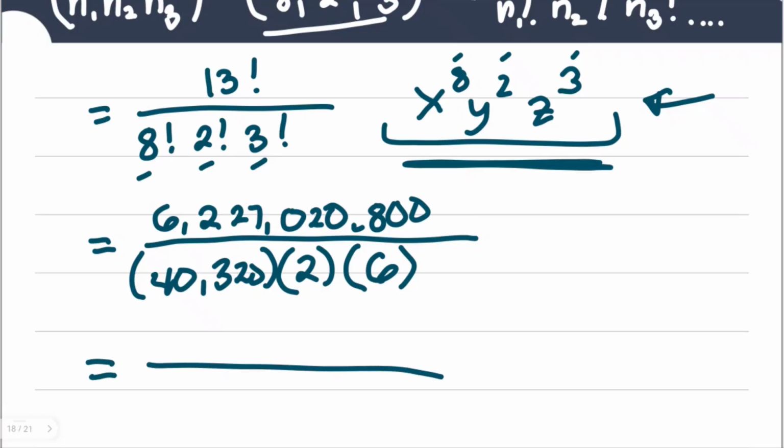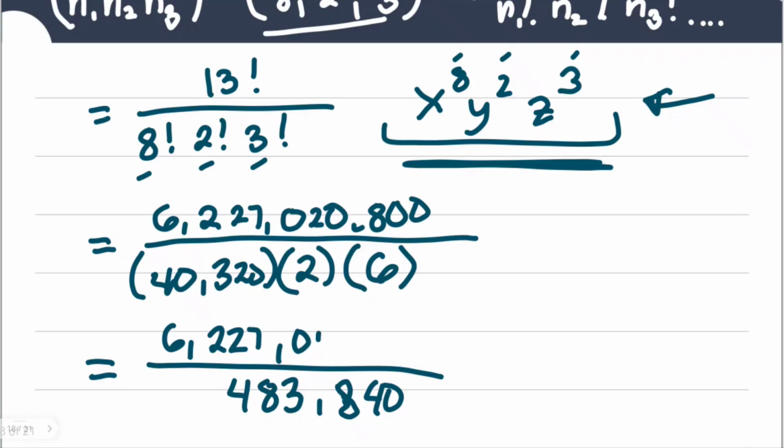Again, you can input this as one in your calculator. I'm just showing you the actual process so that if you have problems with your calculators to arrive at the final answer, you can always try doing this manually. You have here 483,840 for our denominator, and our numerator is still 6,227,020,800.